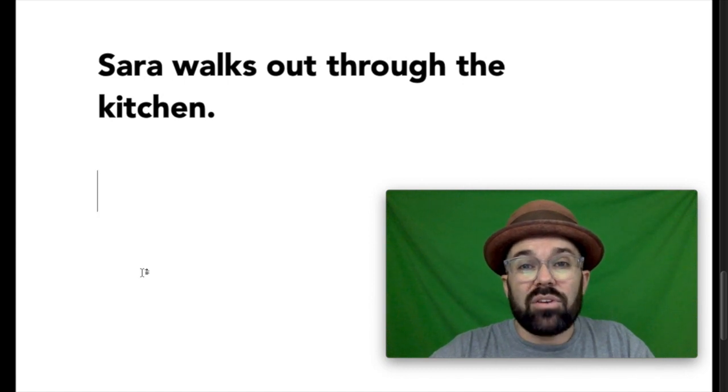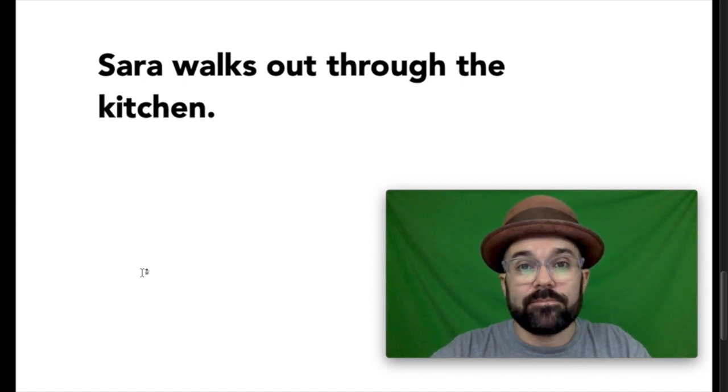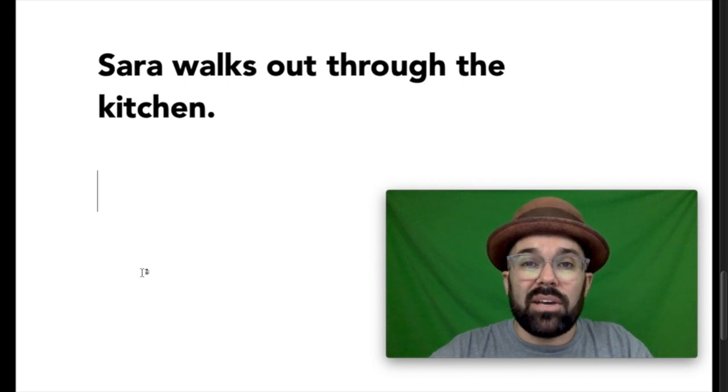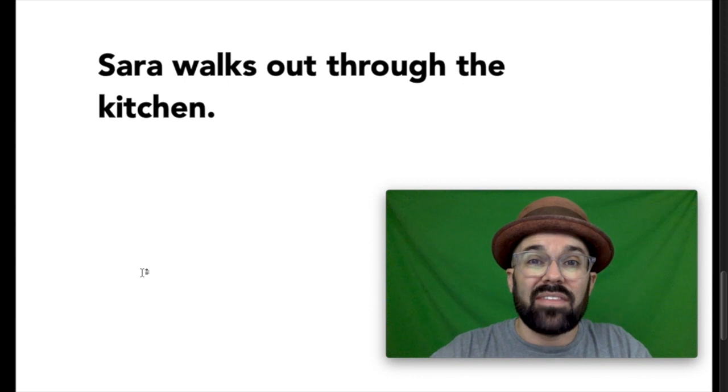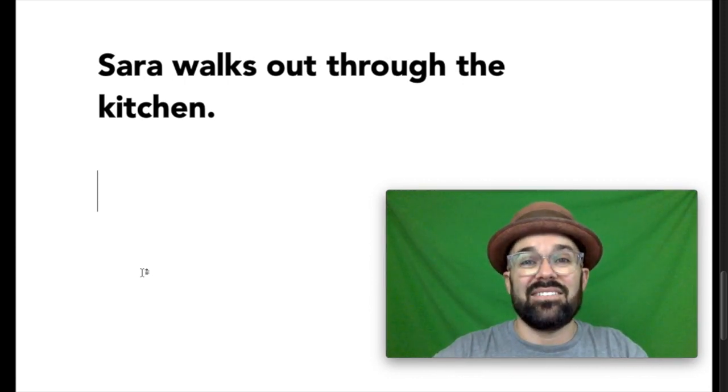Take a look at another example. Sara walks out through the kitchen. This sentence contains one prepositional phrase. Can you find it? It's a little tricky because if you're consulting a list of prepositions, you might realize that there are two different words from the prepositions list in this sentence.